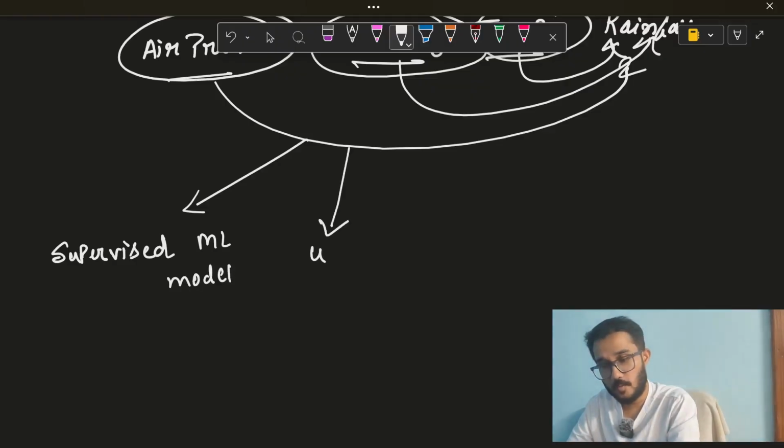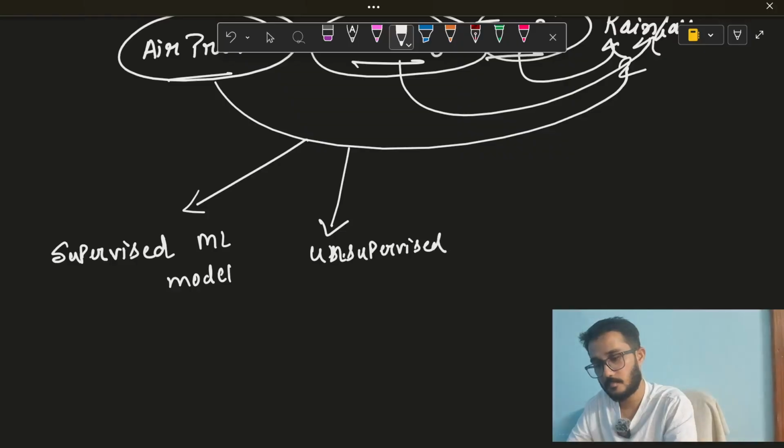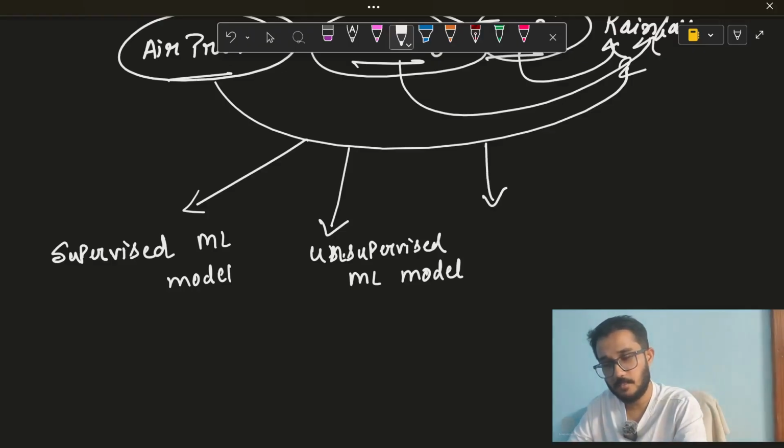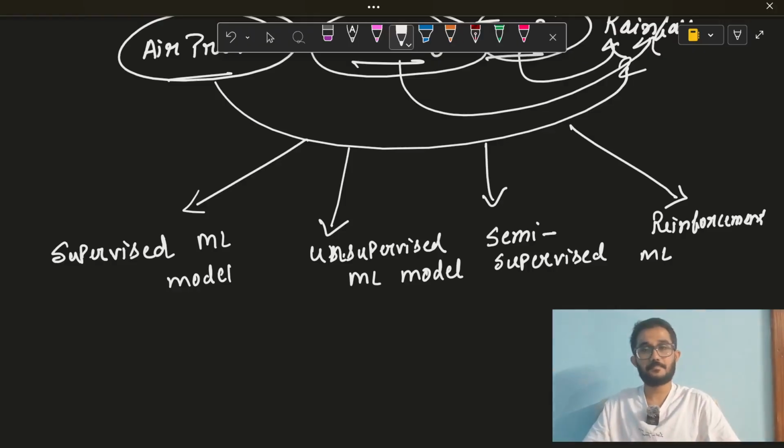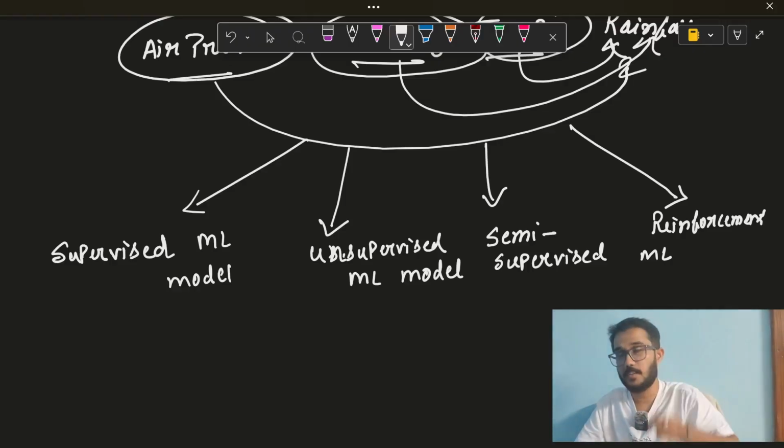Second is the unsupervised ML model. Third is the semi-supervised ML model. We will come to each of these individually. The fourth is the reinforcement machine learning model. So these are the four types of ML models we have.